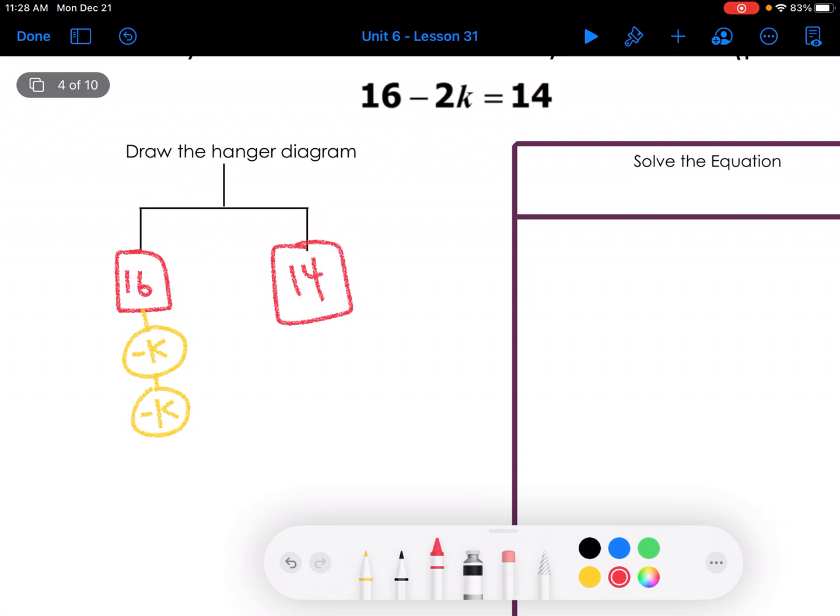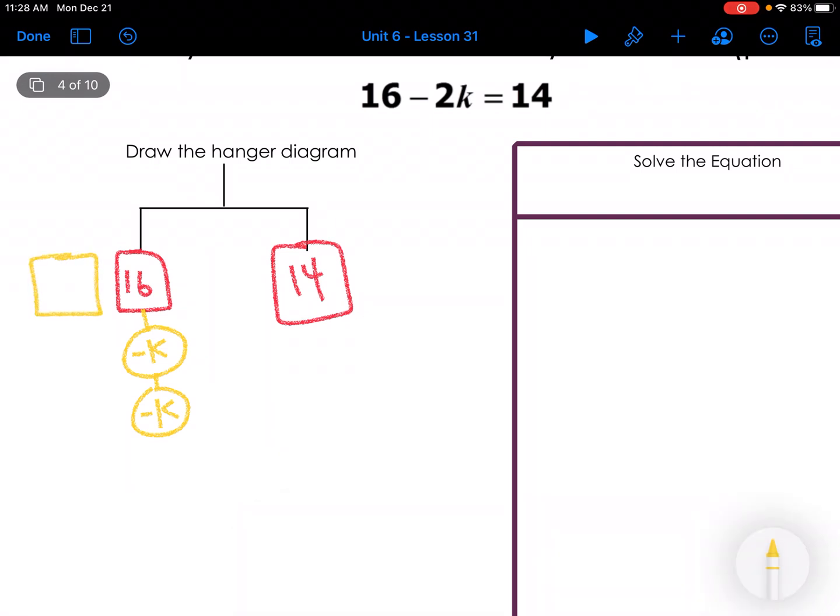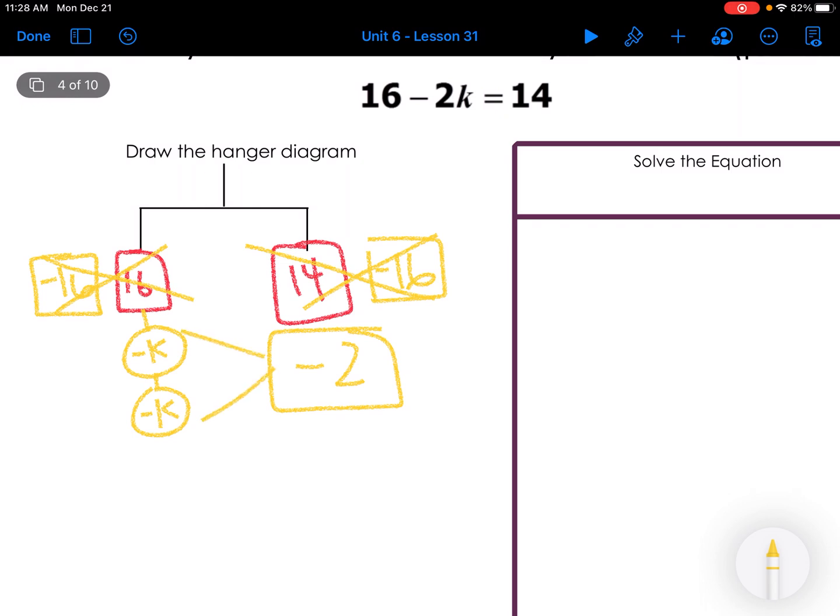So to zero out, I'm going to have a negative 16 and a negative 16. So that's going to leave me with a negative 2, because when the signs are different, you subtract and take the sign of the larger absolute value. Then I'm going to split it into 2 equal groups, so each one is going to be 1.